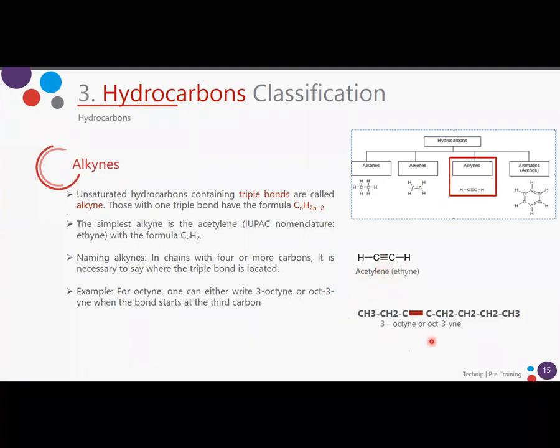Here, for example, we have octyne, which is 8 carbons. In this case, we have the triple bond here. So we have to name it octyne, but we have to say where the triple bond is. In this case, it's on the 3rd carbon.